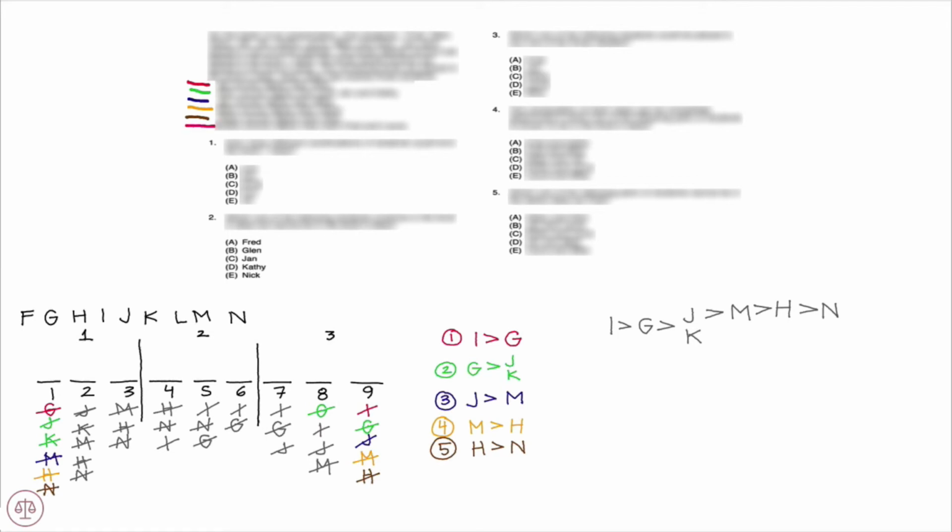K scores higher than both F and L. So we have K scoring higher than F and L. So that means that F and L cannot be first. That means that K cannot be eighth or ninth.